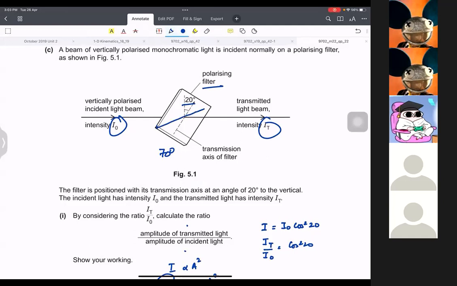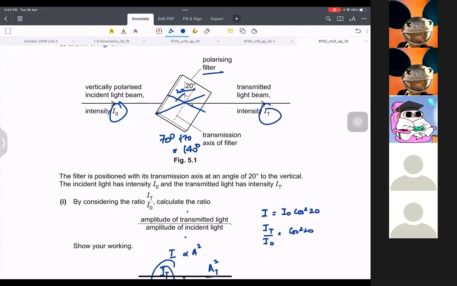It wouldn't transmit. It's vertically polarized. And then you add another 70 like this. It will be like this. This will be 20, right? So plus 70, 140. It will be 140.